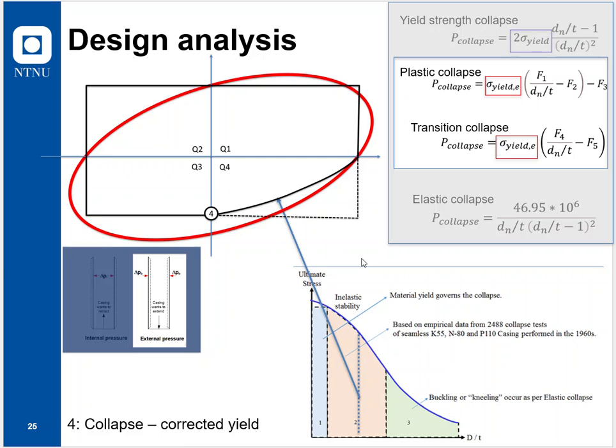I said that point 4 would interact with the yield. That would of course only be applicable for yield strength collapse.